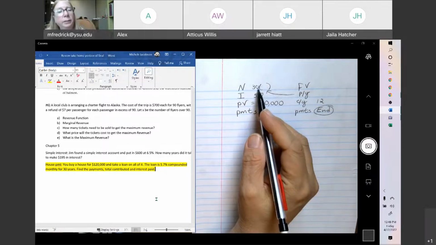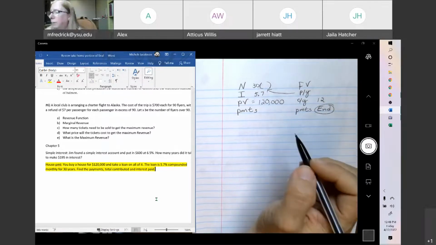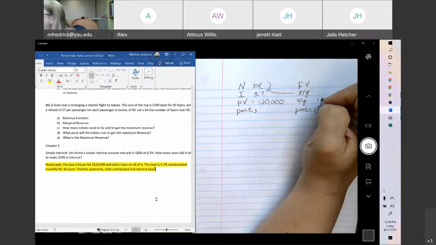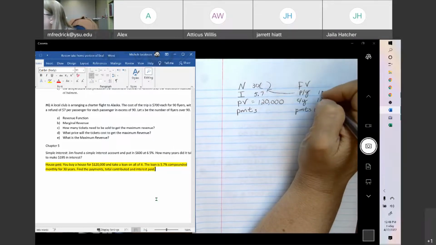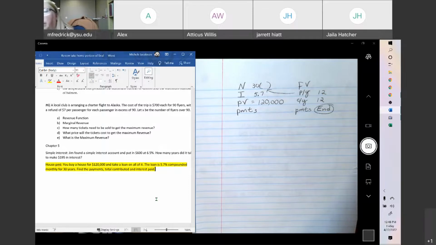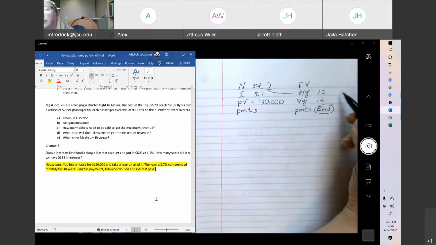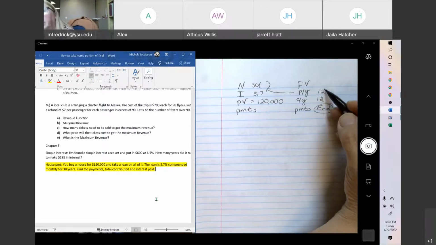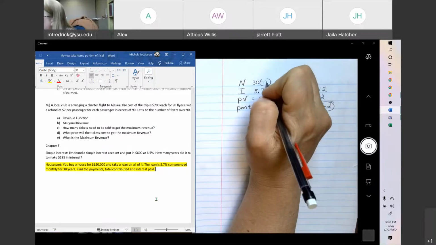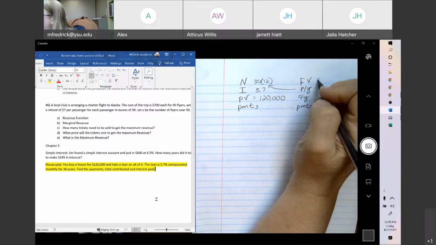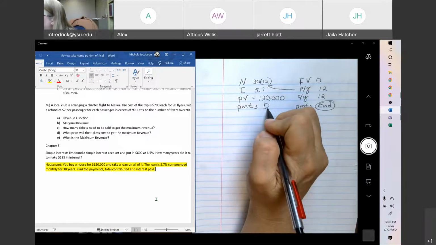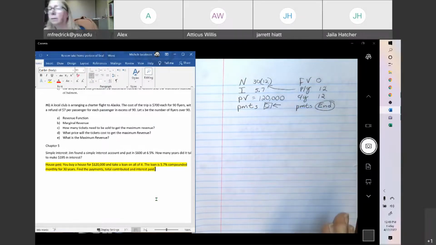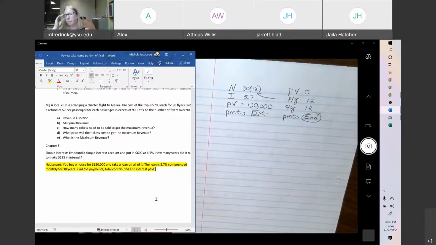We put the 30 there already. Find the payments. Now, when you have payments, these two will match because every time you make a payment, it compounds. So these match, which means this is 30 times 12. We don't have future value and we're looking for payments. Any questions on the values?